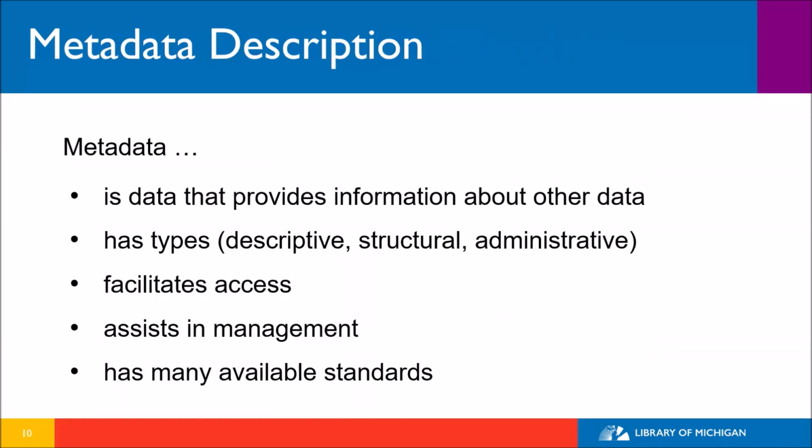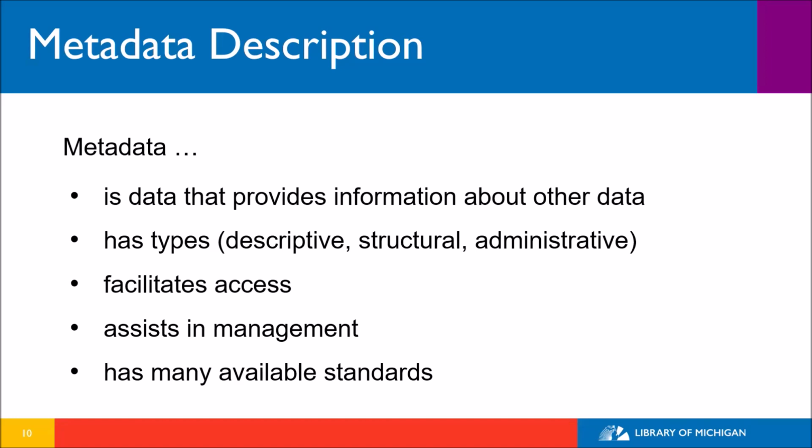So to summarize all this, metadata is data that provides information about other data. Metadata has types. We'll mostly focus on the descriptive types today, but there's also structural metadata for, think about multi-part items and how they connect, and administrative, like the information that helps track ownership or location.